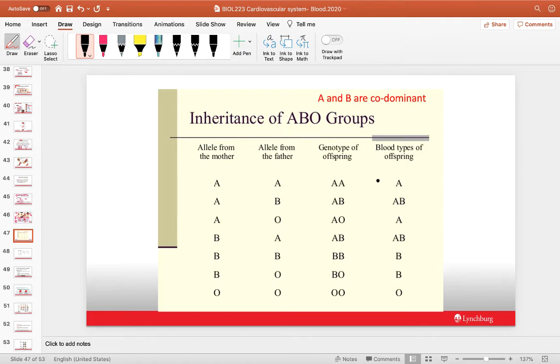Okay, and just a little bit about the genetics of ABO blood grouping. A and B are going to be codominant alleles, and type O is going to be the recessive.